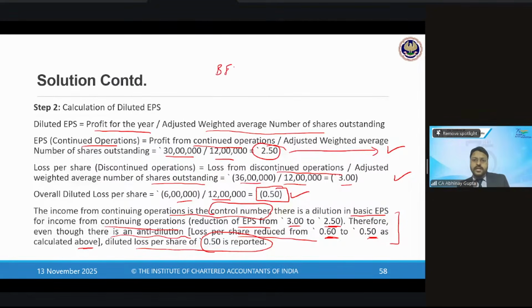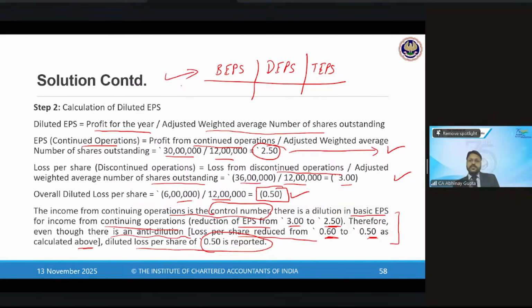One is basic earning per share, one is diluted earning per share, and one is the total earning per share. That much is clear, right? If the company has discontinued operations, then there are three categories of earning per share that need to be calculated and reported, right?